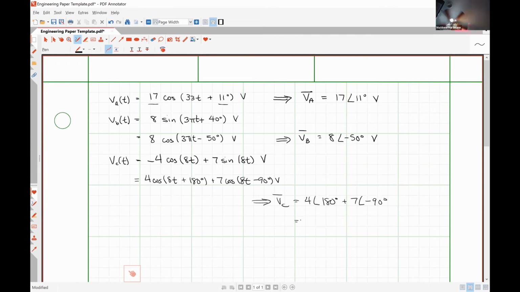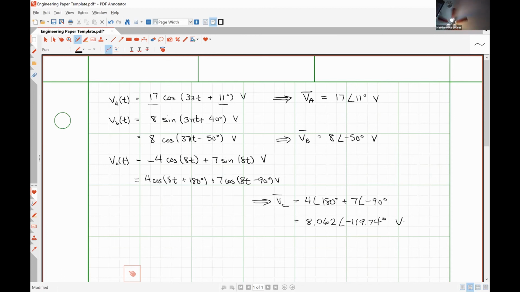Now I need to find the calculator real quick because I can't do that in my head. So 4 angle 180 plus 7 angle minus 90 gives -0.062 angle -119.74 degrees volts.